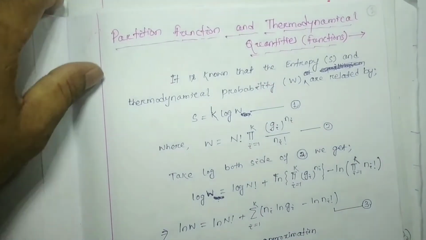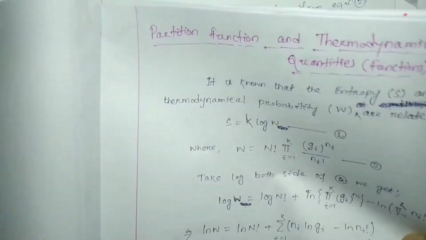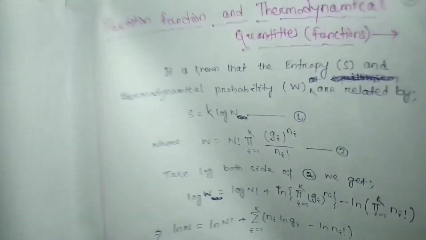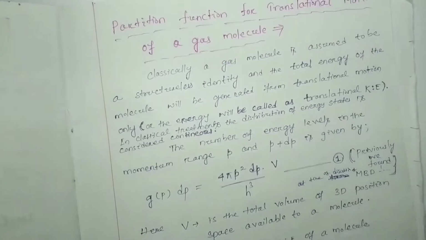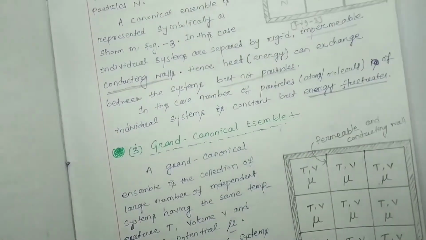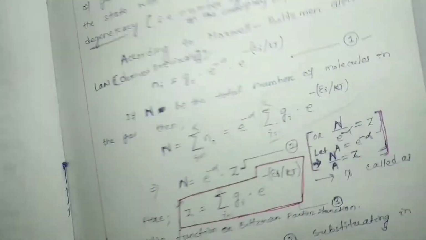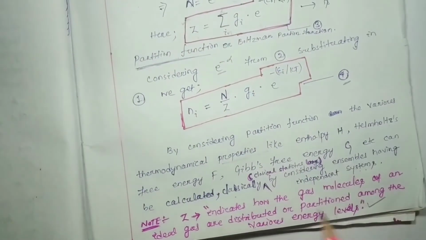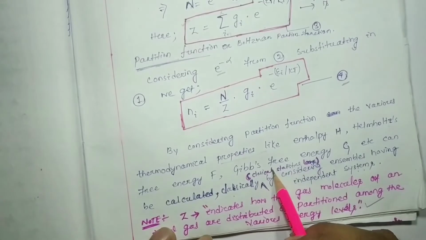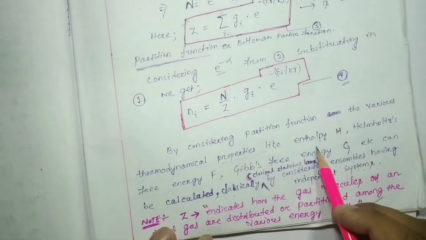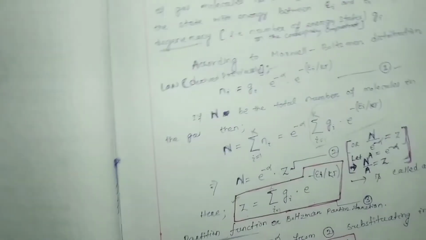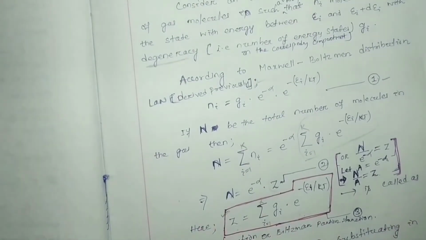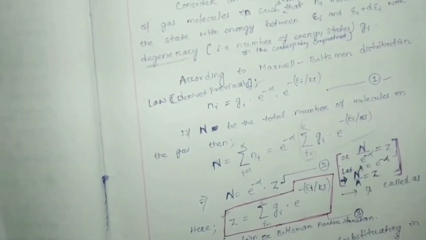In the last class I told you that by using the partition function we can determine the different thermodynamical parameters or quantities, that is Gibbs free energy, Helmholtz free energy, enthalpy, etc. So today we are going to discuss those things.